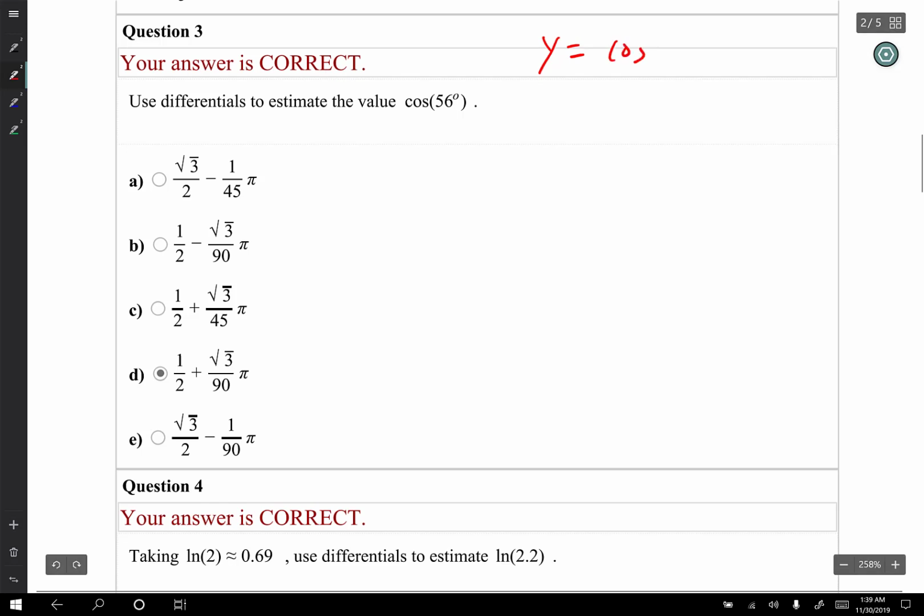So I'm saying cosine of pi over 180 times x, where x is in degrees. As you can see here, if I plug in 60 degrees, 60 over 180 becomes 1/3, and cosine of pi over 3, which is 60 degrees, is a half. So that's my coordinate right there, guys.